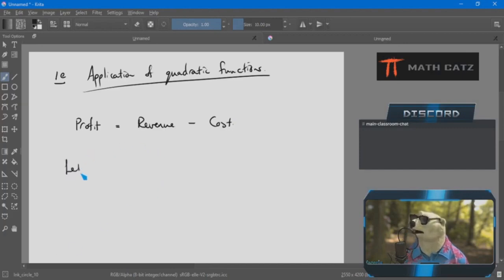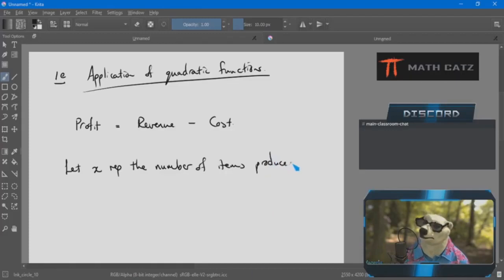Let's say here. They've defined it for me, but I'll do it again. X is representing the number of items, in this case t-shirts, that I'm producing. Whew, there's a huge delay in my pen here. That's very annoying. Producing and selling. Let's just assume those two are the same.